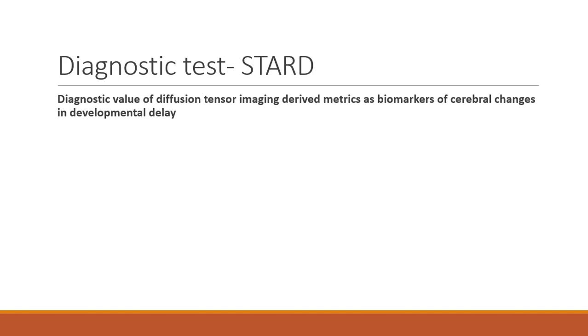How indeterminate index test or reference standard results were handled. There is no mention of the reference test results, that is the MRI test, being handled at all. And how was the missing data on the index test and reference standard handled? There is no mention of this. Is there any analysis of variability in diagnostic accuracy distinguishing pre-specified from exploratory?